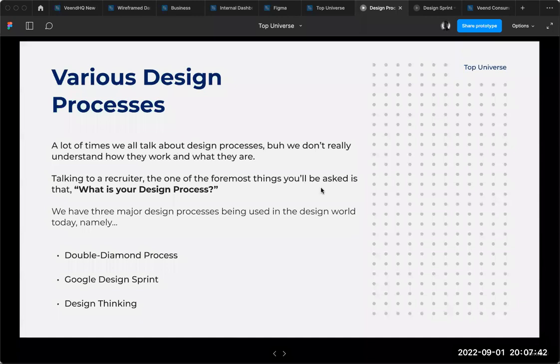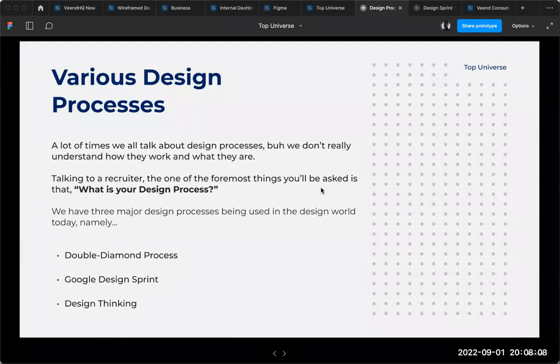In the design world, we have around 3 major design processes being used: the double diamond, the design sprint process, and the design thinking process. The other 2 were derived from design thinking. Everyone just tried to add something to it to bring about the other processes.